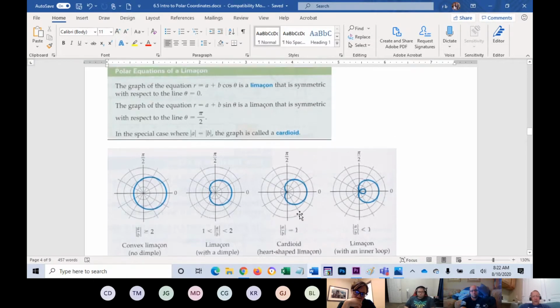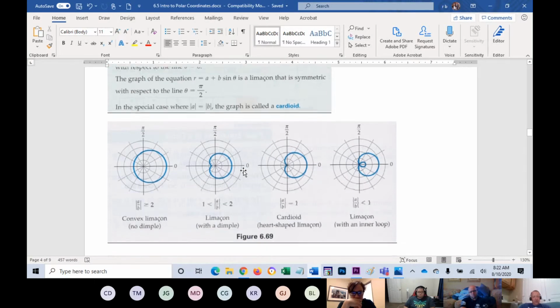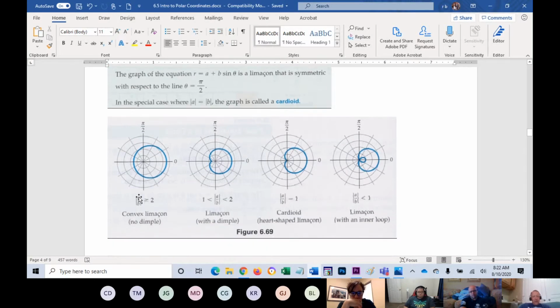Now, when we talk about the a and the b here, if the absolute value of a over b is greater than 2, that's when you have the convex limaçon, which looks a lot like a circle that's off center, or off pole, I guess I should say.